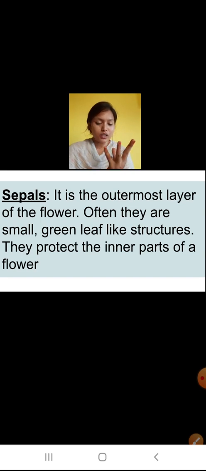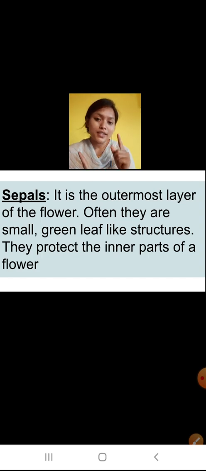The size of the sepals does not decrease, they remain the same size, but the size of the petals inside the sepals increases. Is it clear? Sepals are the small green parts attached to the flower. What's their work? They protect the flower inside, okay?